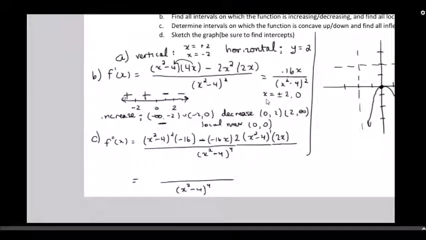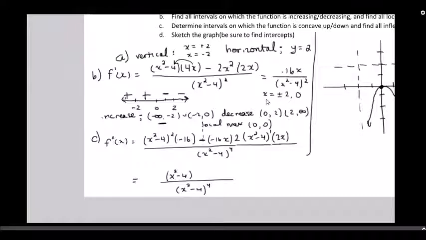If we consider this minus sign in the numerator, separating the numerator into a left and a right side, the left and the right side both have an x squared minus 4 in common. So I can factor out an x squared minus 4. And they also have a negative 16 in common.